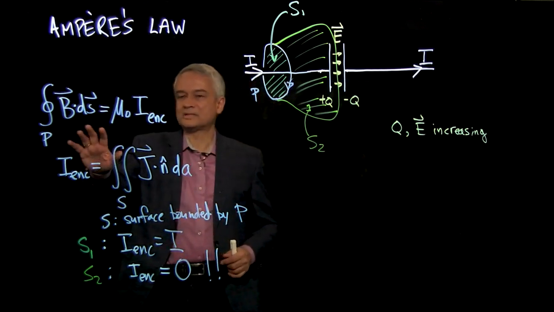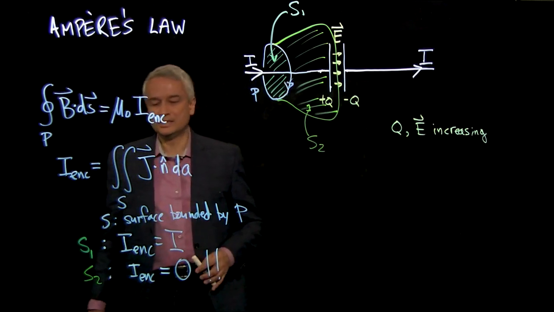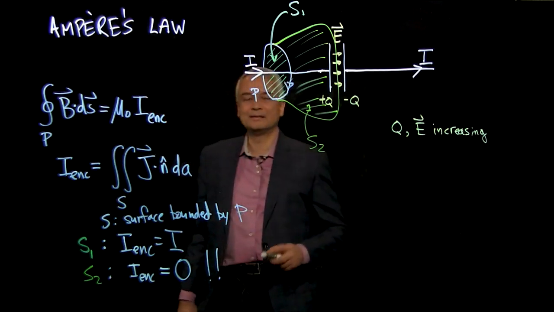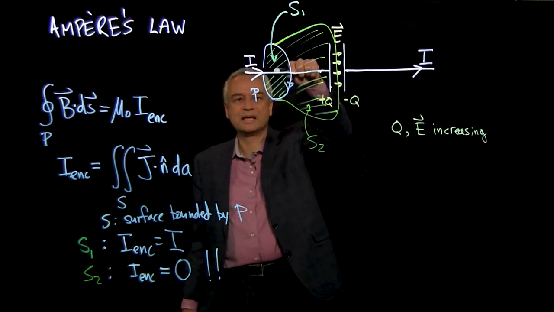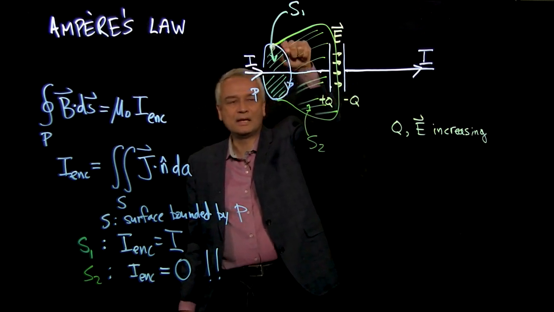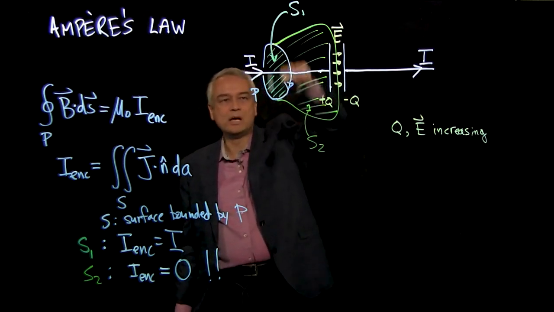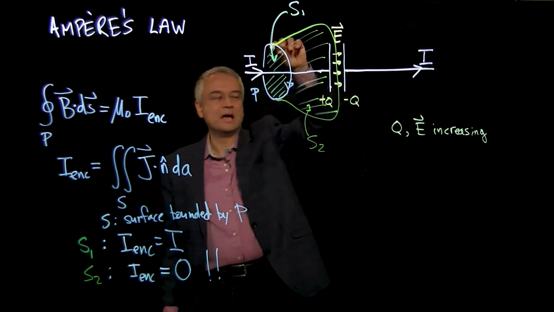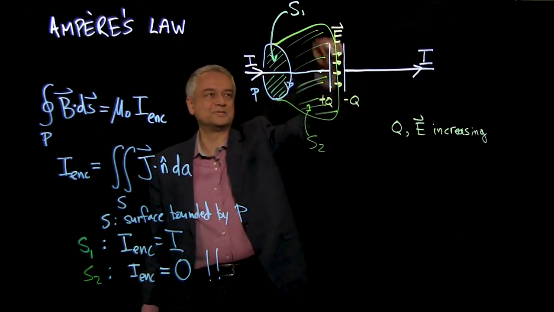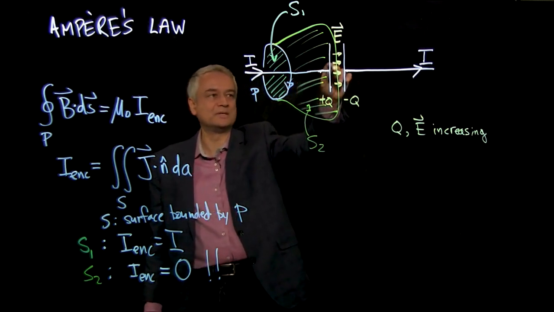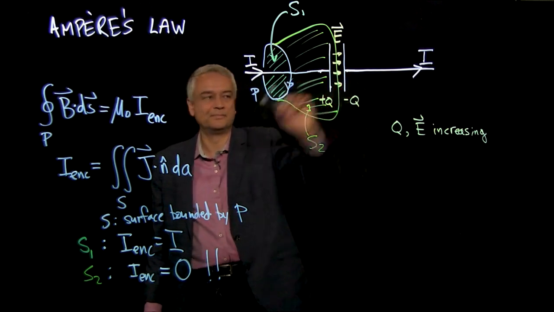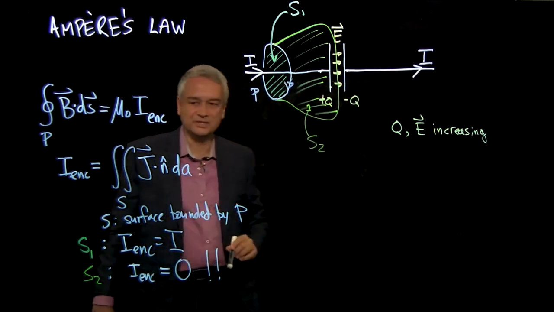So we look at this equation, and we see that the issue here is that if I draw the surface S1, there's a current going through it. Now, what's special about the surface S2? Well, there's no current going through it, but there is this electric field. And this electric field is changing in time.